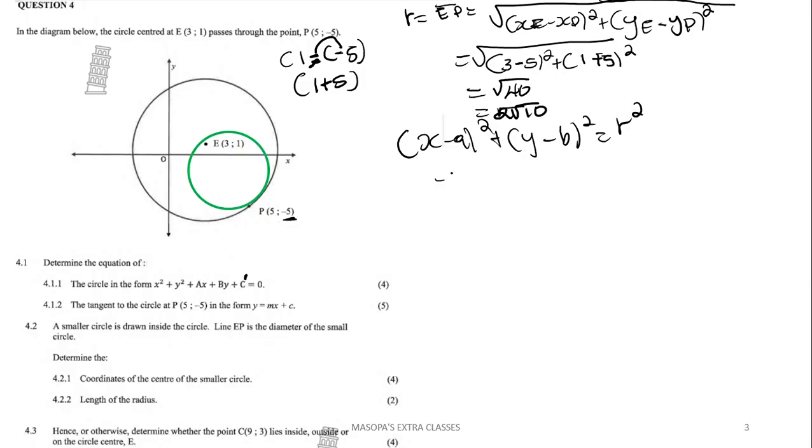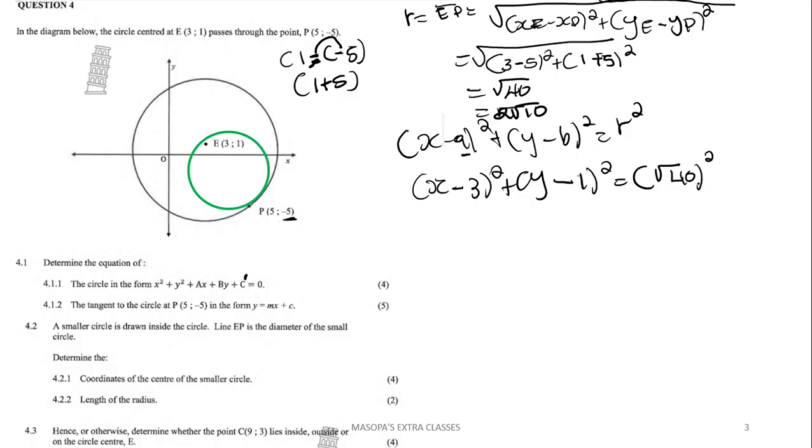Then now what is the x value of your center is 3, meaning that we have x minus 3 all squared plus y minus the y value, which is 1, all squared, is equals to what is your r, meaning that your r will be root of 40.